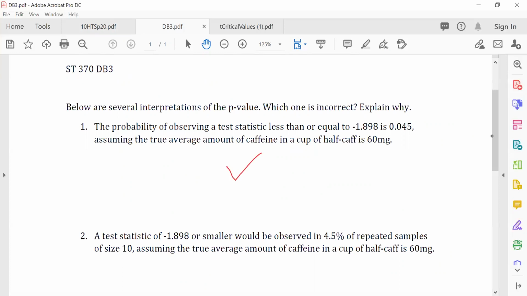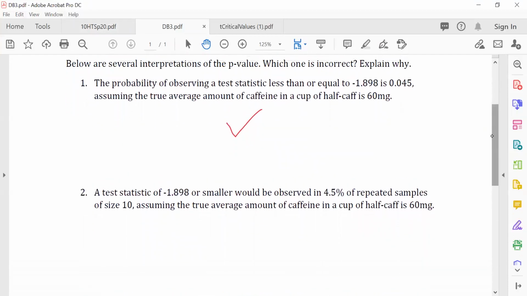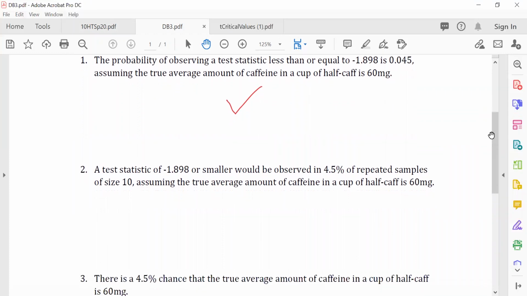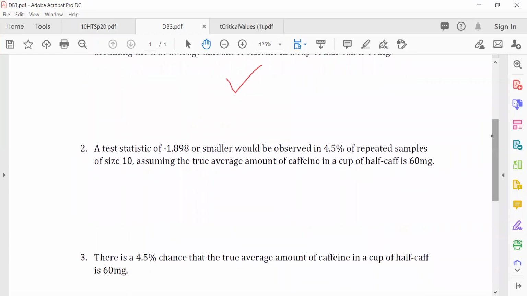That is what the p-value is, right? The probability of having the test statistic less than or equal to this is 0.045 under H null. The second one, a test statistic of negative 1.898 or smaller would be observed in 4.5% of repeated samples of size 10, assuming the true average amount is less than 60 milligrams.